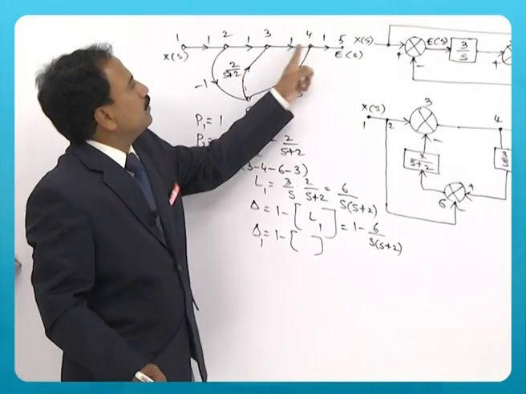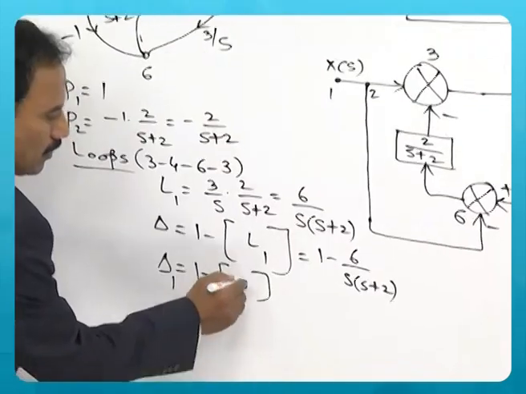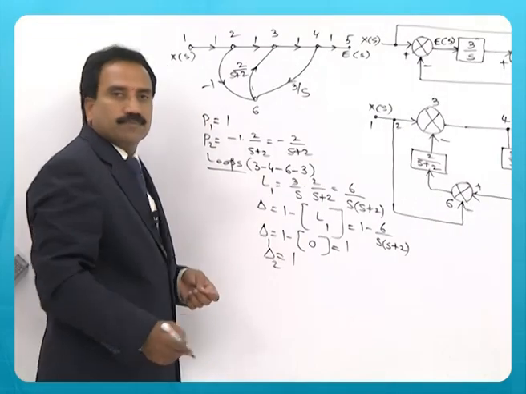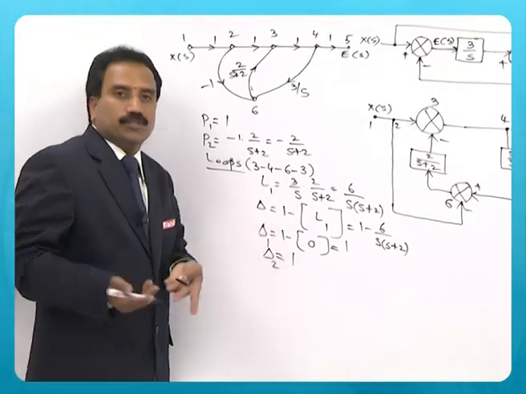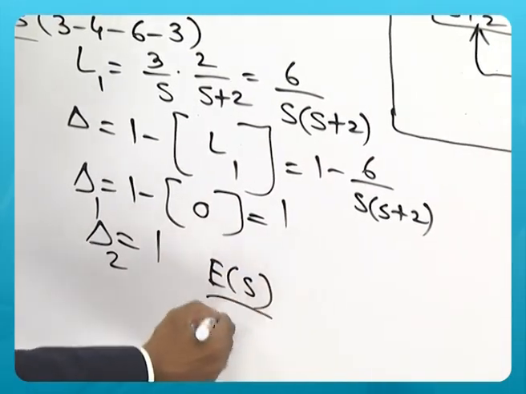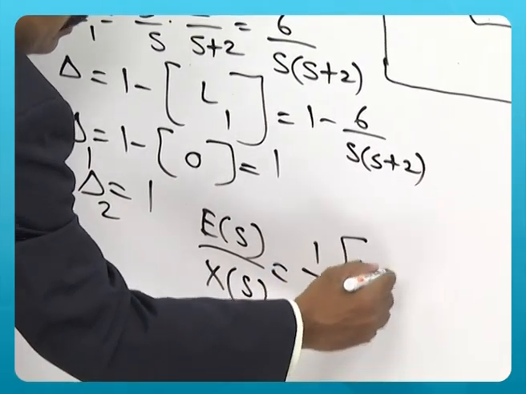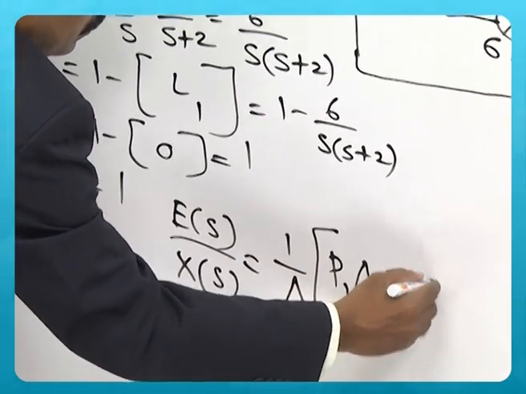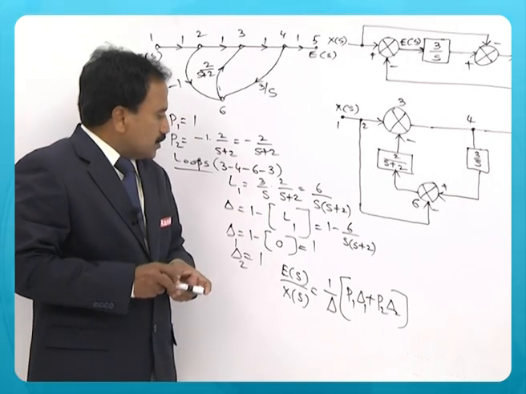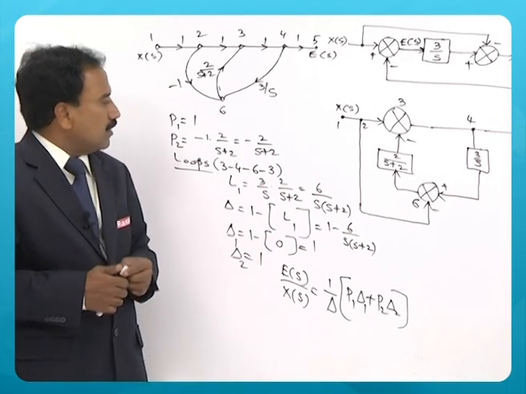So this is the first forward path, and there is no loop non-touching that particular forward path. So it is again 1, and delta 2 is also 1. Now it is only a substitution for finding this ratio: E of s by x of s is equal to 1 by delta into P1 delta 1 plus P2 delta 2. Substitution of the values P1, P2, delta 1, delta 2 and delta will give you the overall transfer function.